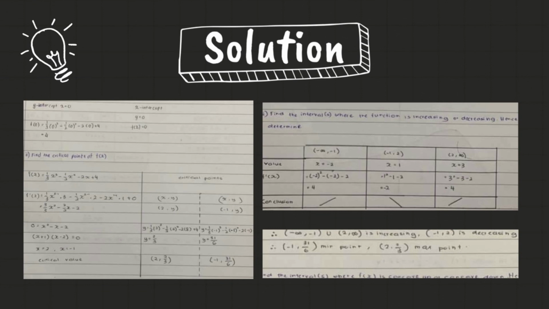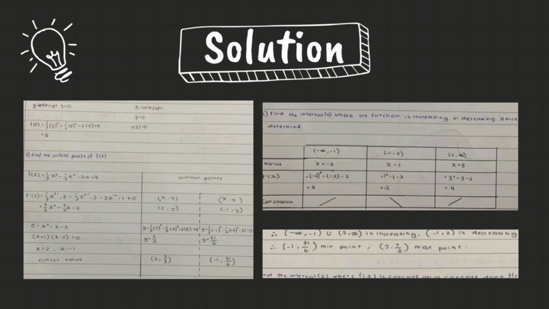Then we can find our critical points by using the critical values in the coordinate (x, y). The first coordinate is (2, y). Replace the x value with 2. Then the equation is y equals 1 over 3 multiplied by 2 to the power of 3 minus 1 over 2 multiplied by 2 to the power of 2 minus 2 multiplied by 2 plus 4. y equals 2 over 3. Then repeat the same method with the second coordinate, which is (negative 1, y).